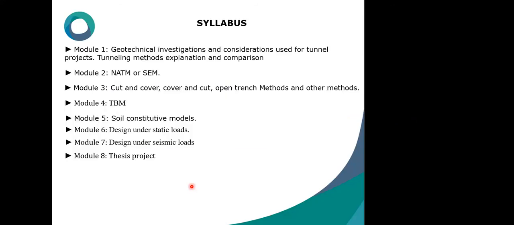Well, the big portion of today is going to be reviewing the modules of the diploma to get familiar with each part. Module 1, geotechnical investigations and considerations used for tunnel project, tunneling methods, explanations, and comparison. Module 2, NATM or SEM method.